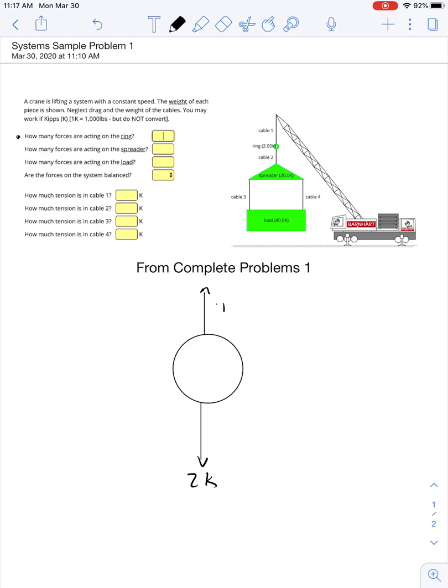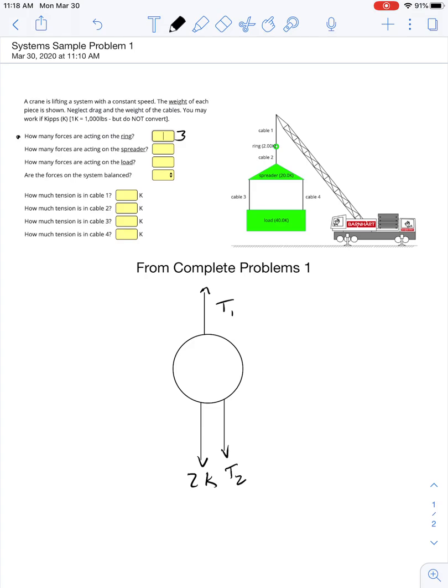Let's call that T1. And it also has cable 2 pulling it down. Let's call that T2. Those are the 3 forces acting on the ring. So how many forces are acting on the ring? There are 3.